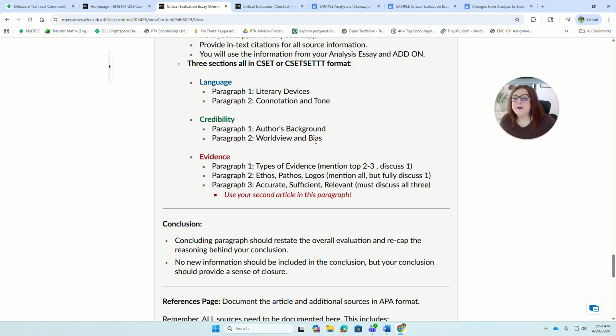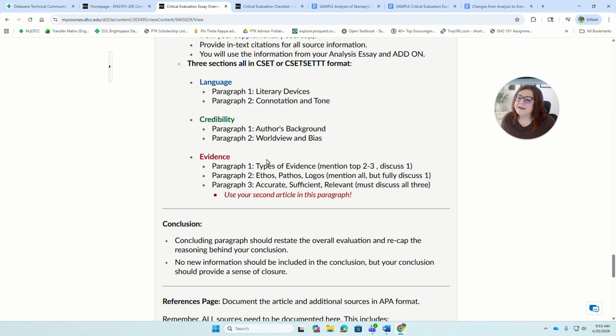So you're going to just have a C-set format, okay? Just like you did for your connotation and tone paragraph. So follow that format, and you should be good to go by adding bias to your claim and then adding an entire section of bias into this paragraph. We'll see what that looks like.